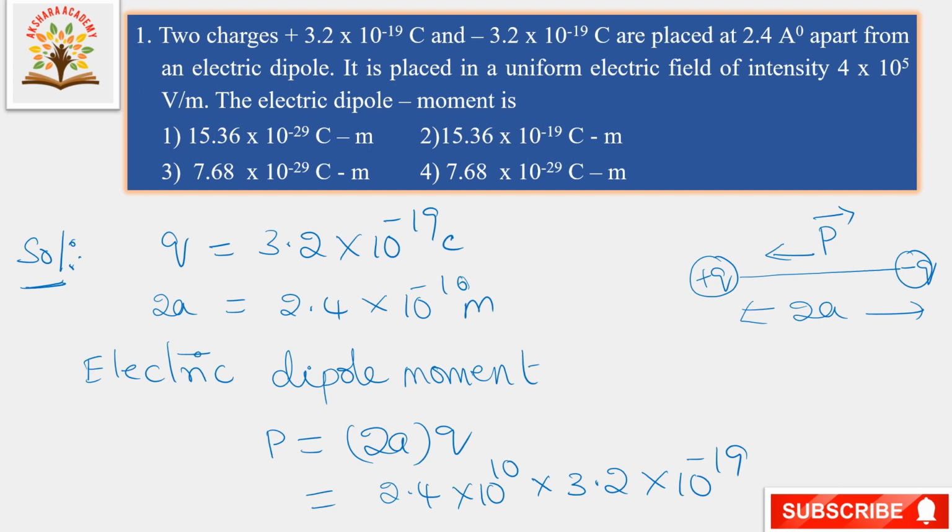So after multiplication, the electric dipole moment p is equal to 7.68 into 10 to the power of minus 29 coulomb meter. So this is the final answer.